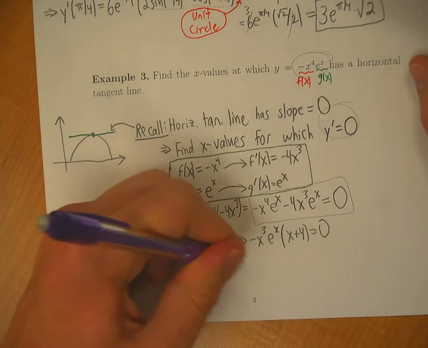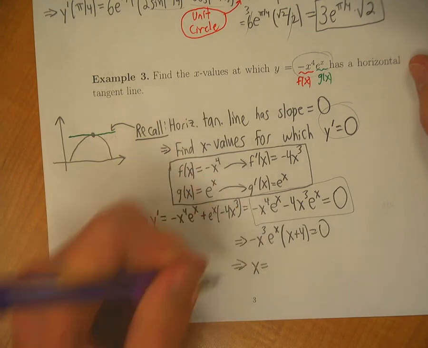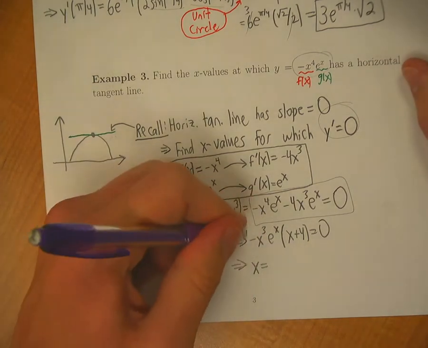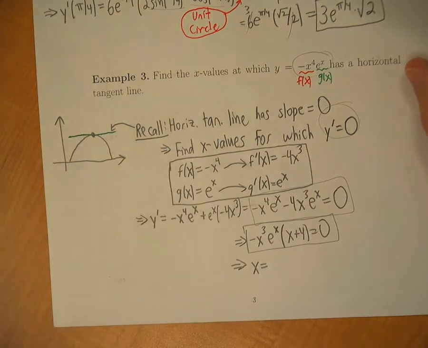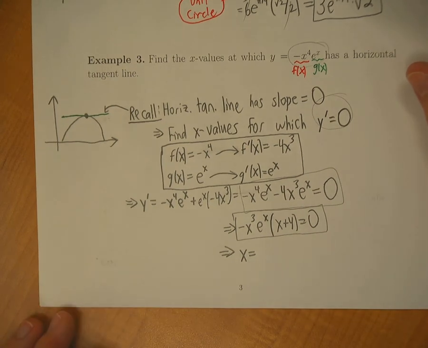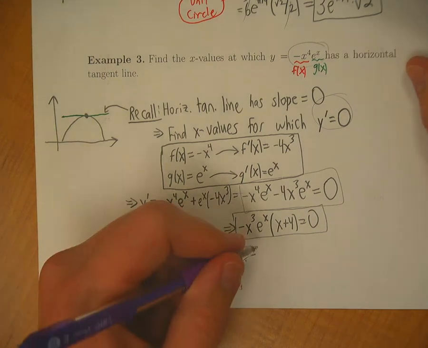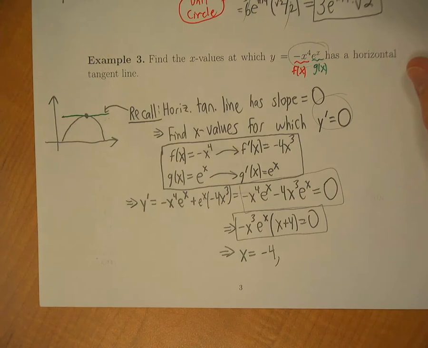So from this, what values of x give us that this equality holds? Would it be x equals negative 4? Yep, that's one of them. And the other one is?